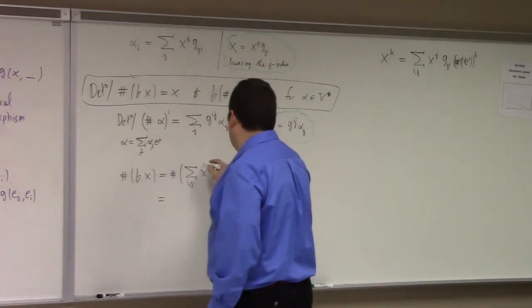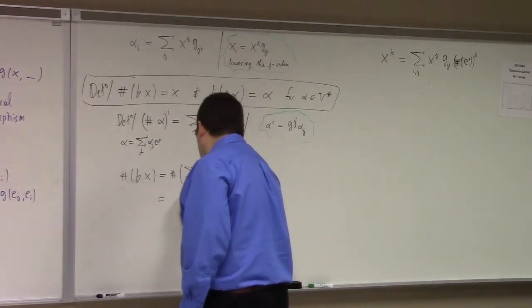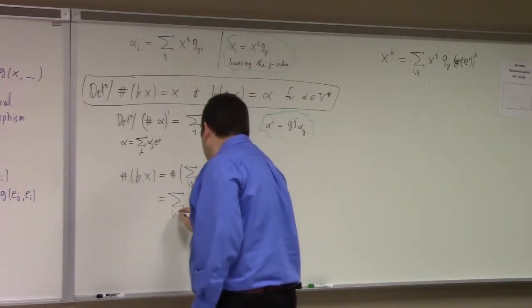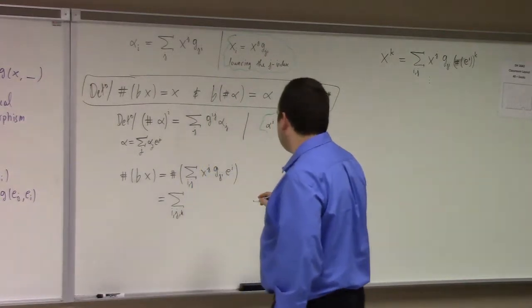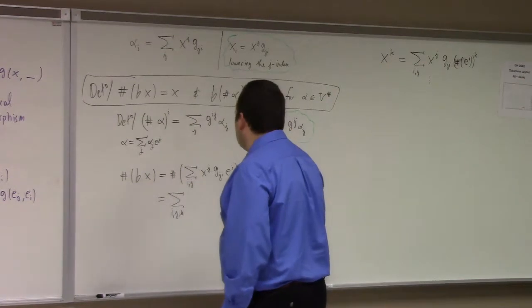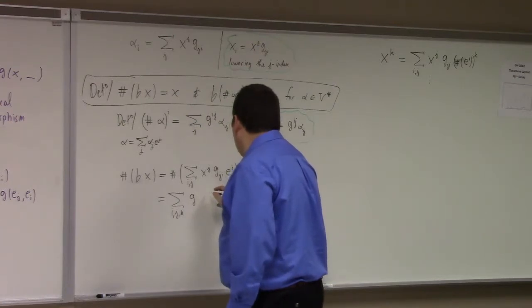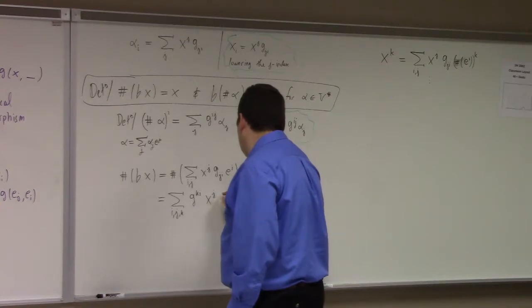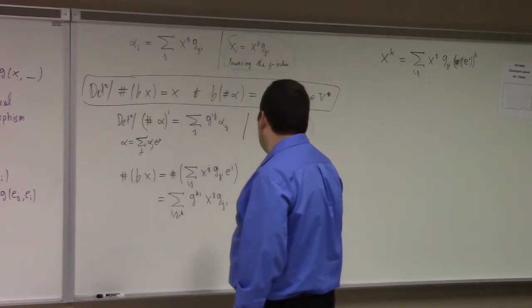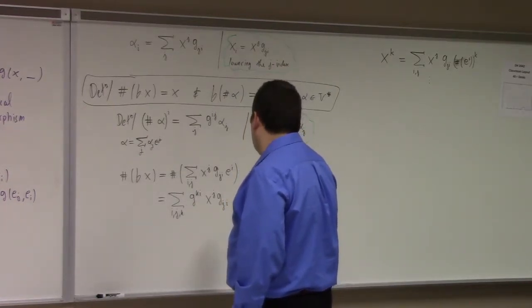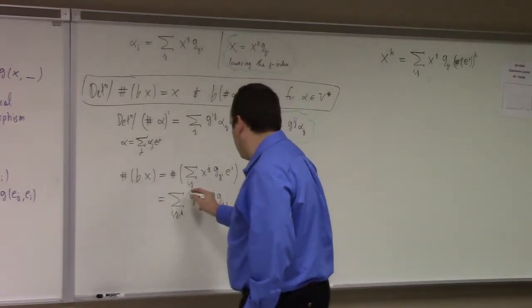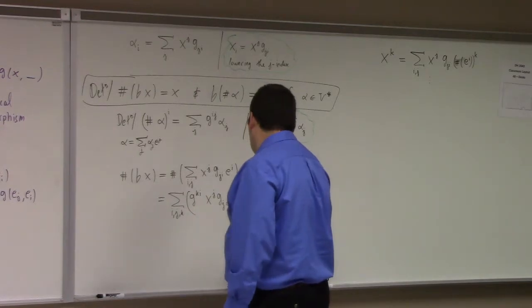So basically this whole thing, I say the sum over i, j, k of g^{ki} x^j g_{ji} e_k.